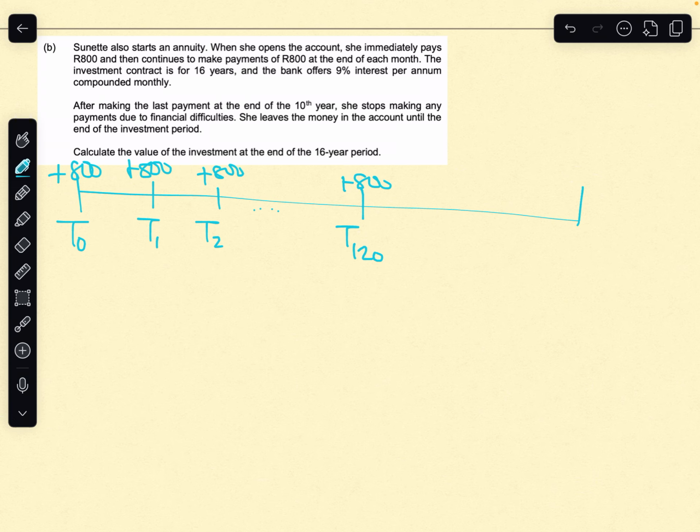So that makes me feel like it's actually T119. These things always get to me with financial maths. Oh my gosh. Because at the end of the 10th year she stops making any payments. So that would tell me that the last month, at the end of the 10th year, the last month of the 10th year, she did not make any payments.